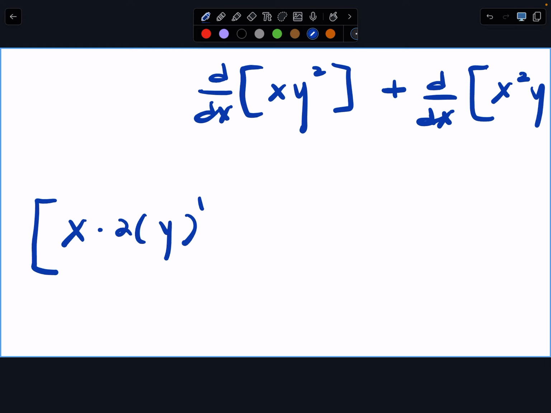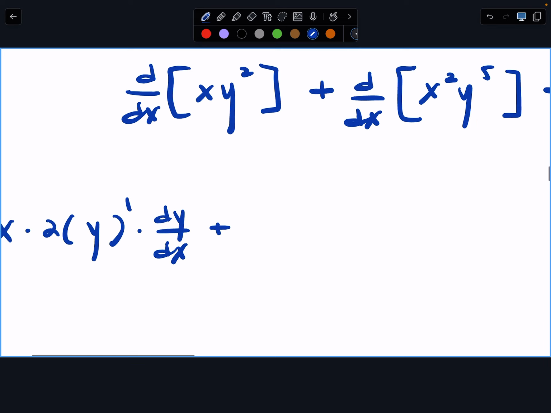So derivative of the outside, leave the inside alone, times the derivative of the inside, okay, plus second factor times the derivative of the first, which is just the derivative of x with respect to x. If you want to write that as dx over dx, wonderful, great, do it. If you just want to write it as 1, great, wonderful, do it.